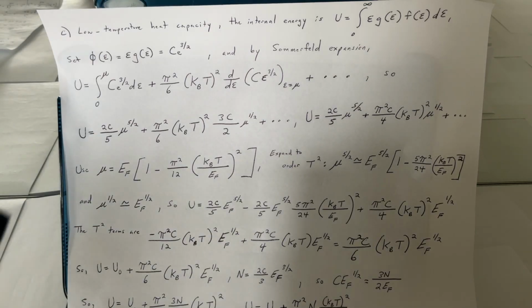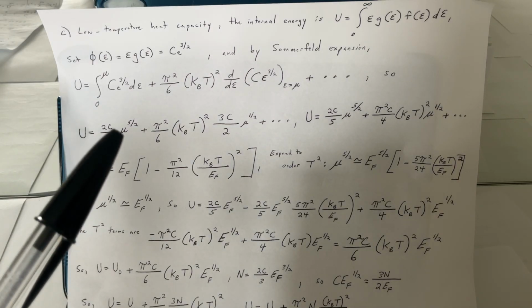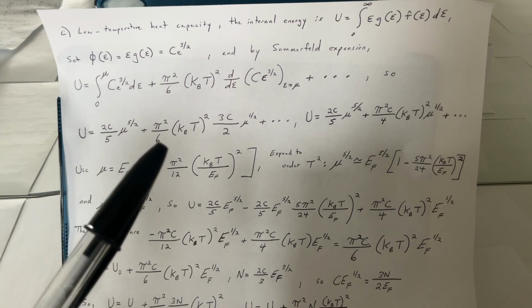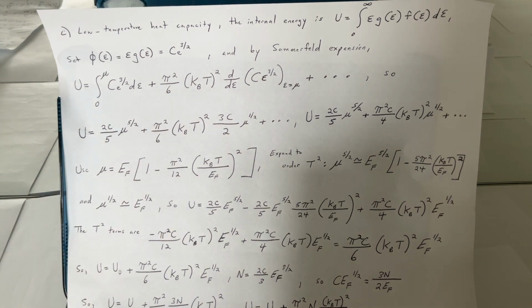So what we're going to get here is U equals 2c over 5 mu to the 5/2 plus pi squared over 6 (k_B T) squared times 3c over 2 mu to the 1/2, plus on and on. So U equals 2c over 5 mu to the 5/2 plus pi squared c over 4 times (k_B T) squared mu to the 1/2.